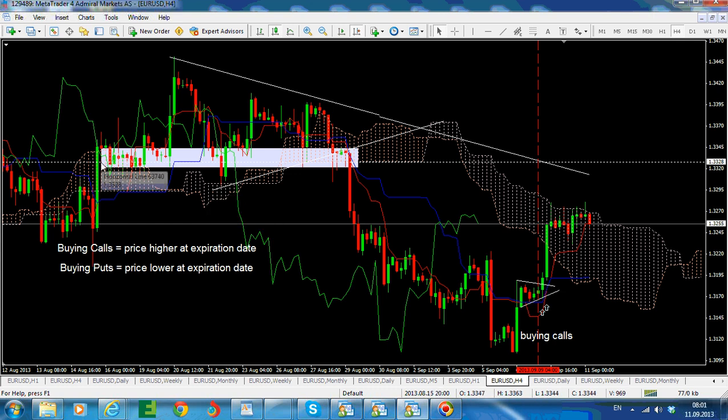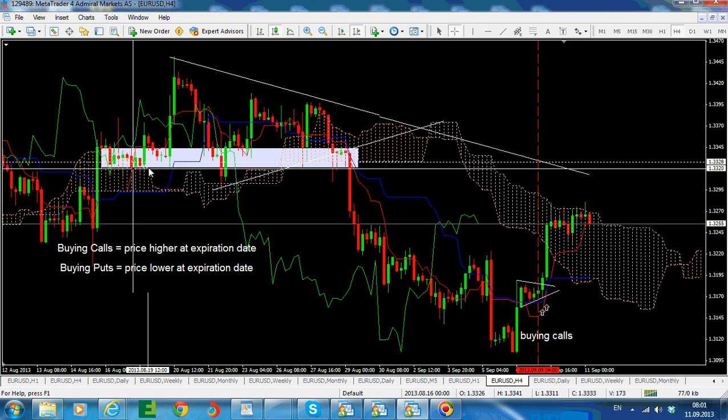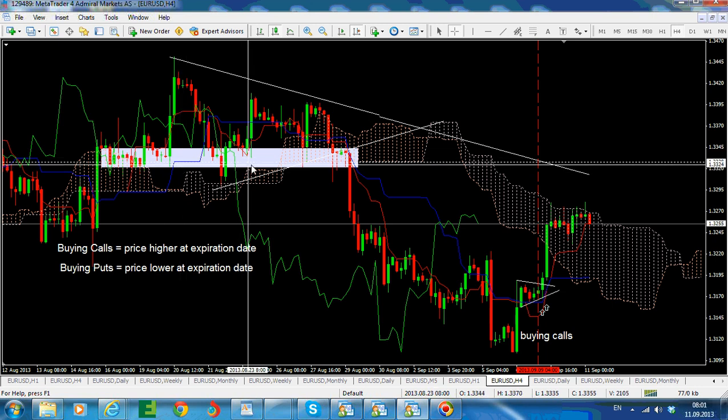And as you can see here, from this moment of time you had 23 candles for buying one-touch options, and 23 candles multiplied by 4 is 80 hours. So almost 1 trading week to buy one-touch options with the expiry here.